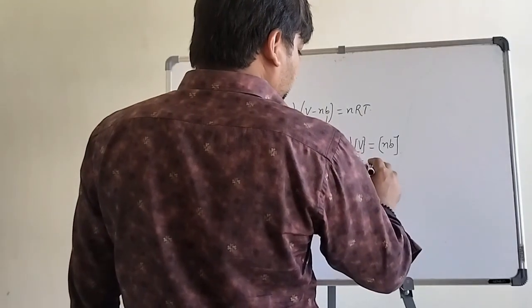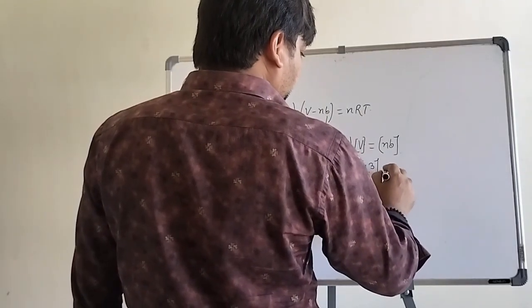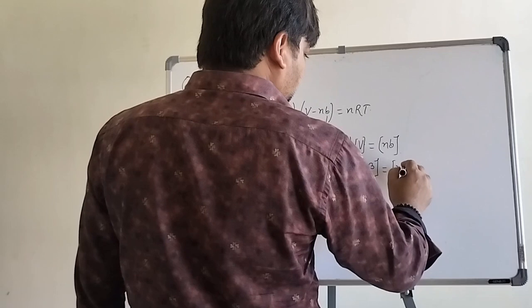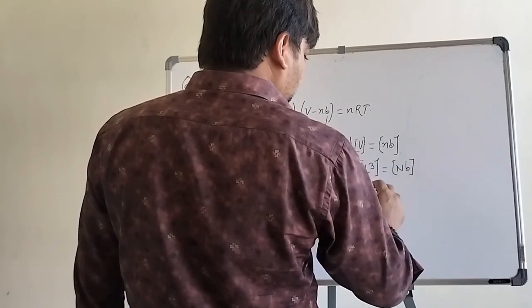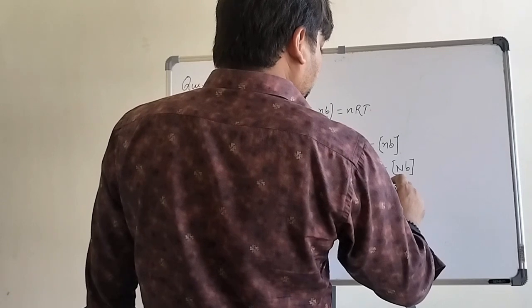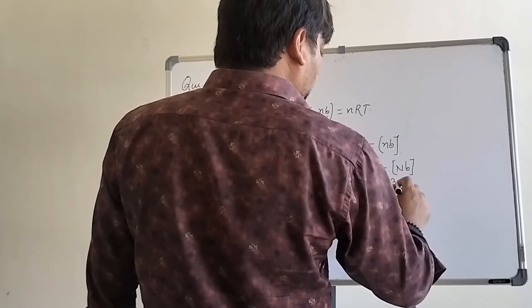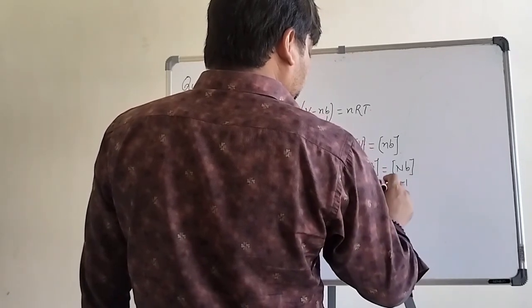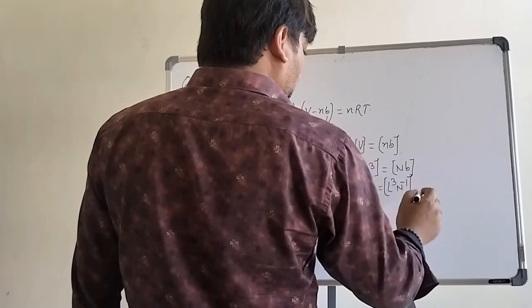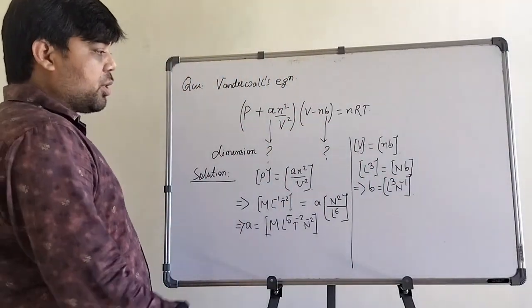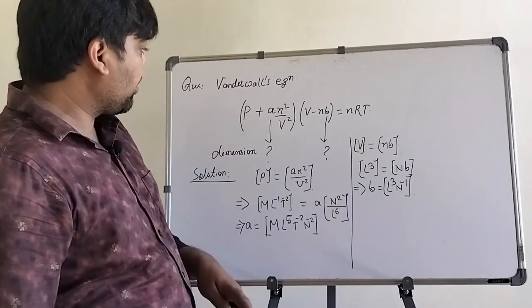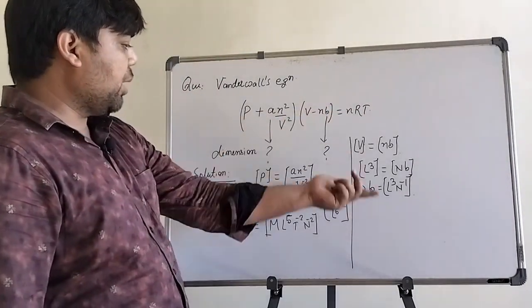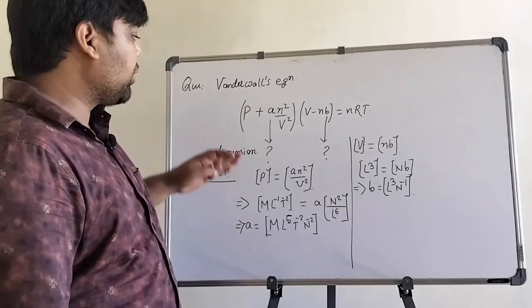V is volume, which is L cube, and n is the number of moles multiplied by b. So b gives you L cube n to the power minus 1 as the dimension. So this is the simple dimensional formula we have for a and b in the van der Waals equation of state.